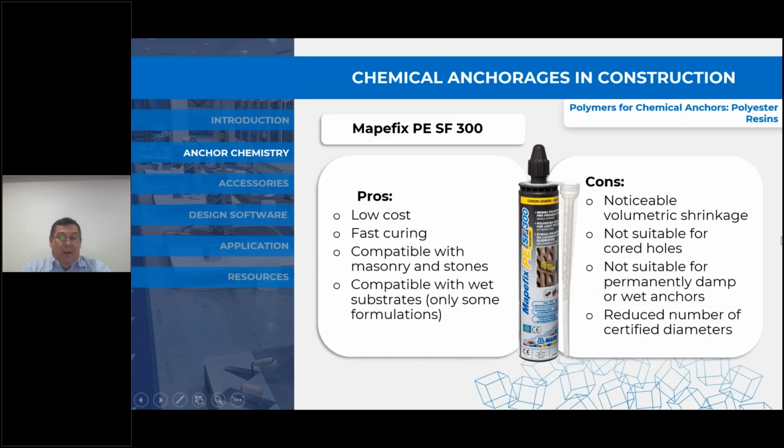So the polyester resin, being the cheapest and probably most widely used as a general purpose material, is low cost, fast curing, it's compatible with masonry and stones, and it's compatible with wet or damp substrates. Some formulations aren't. The cons: it has noticeable volumetric shrinkage. We'll talk about this a bit later. It's not suitable for cored holes, and it's not suitable for permanently damp or wet anchors. Another con is the reduced number of certified diameters that can be used.